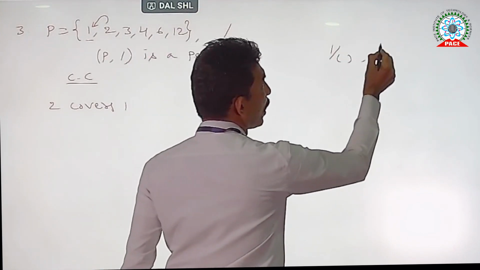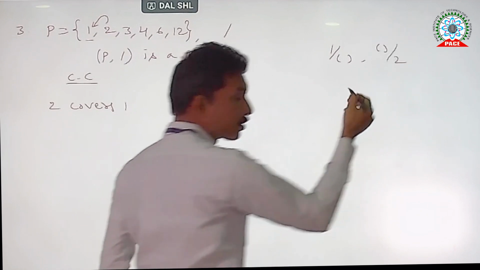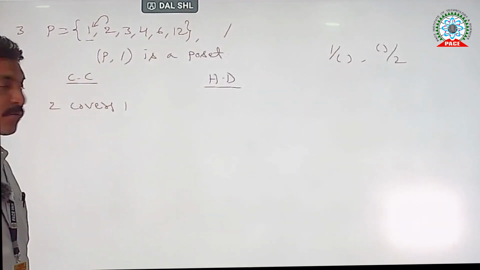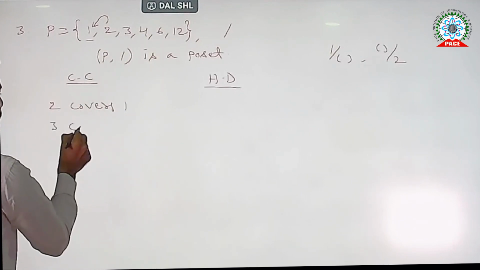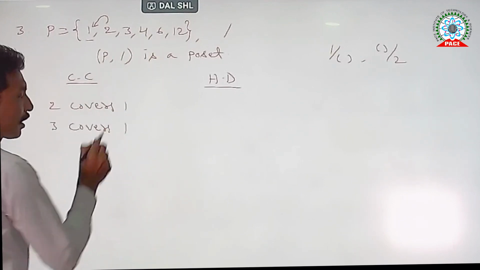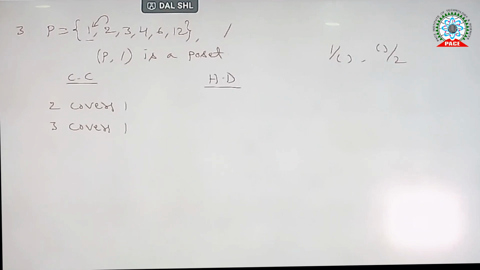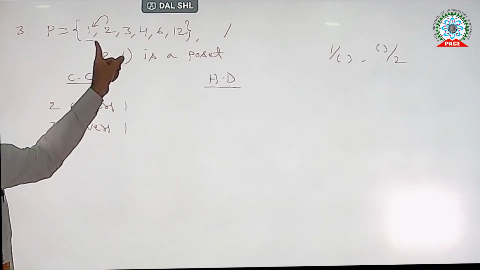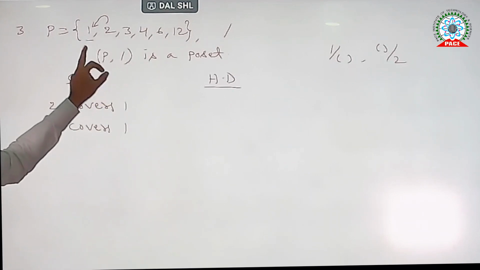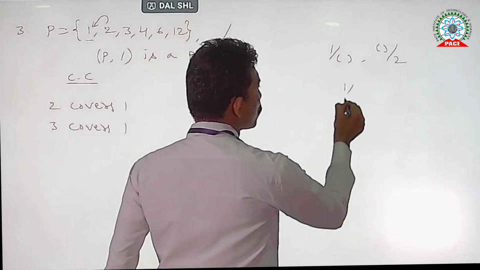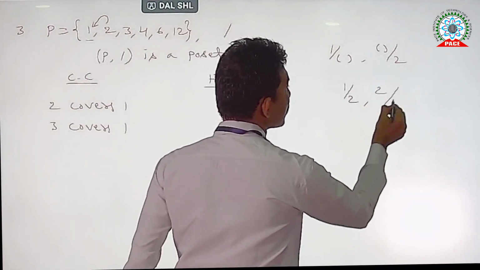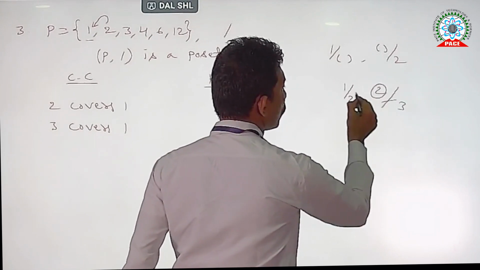Next, 3 covers 1. The initial condition 1 divides 3 is okay, and there is the element 2, where 1 divides 2, but 2 does not divide 3, so the intermediate condition is not satisfied. So 3 covers 1.